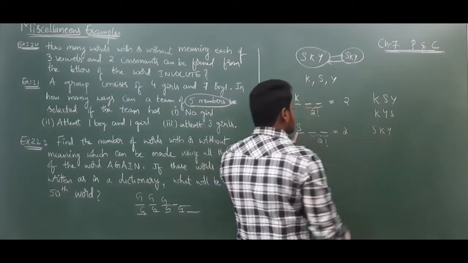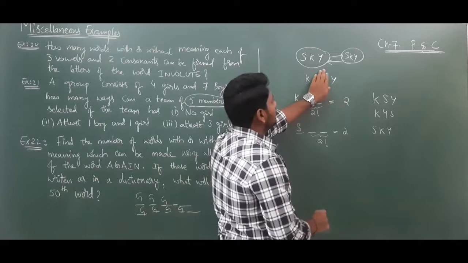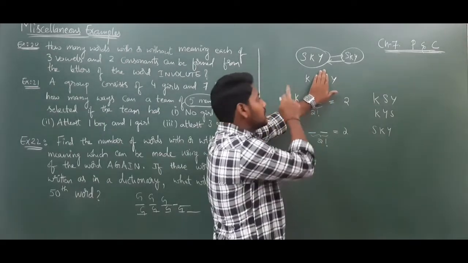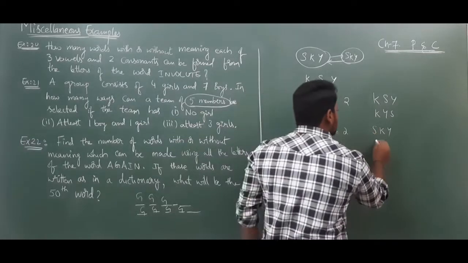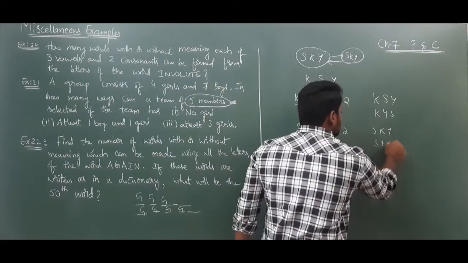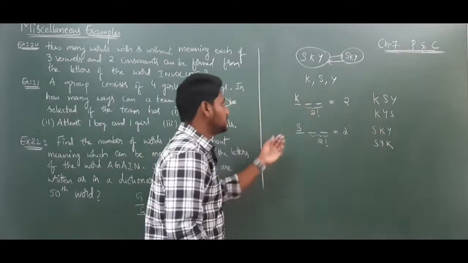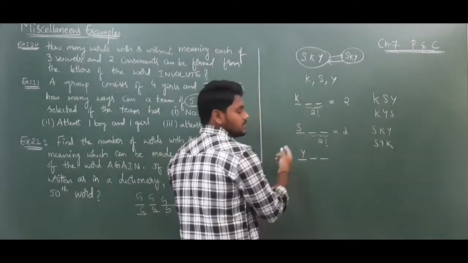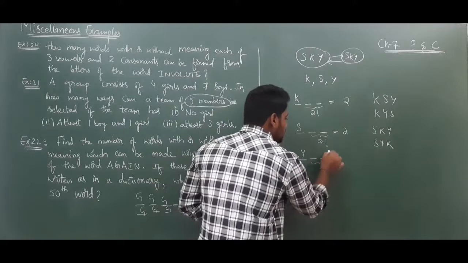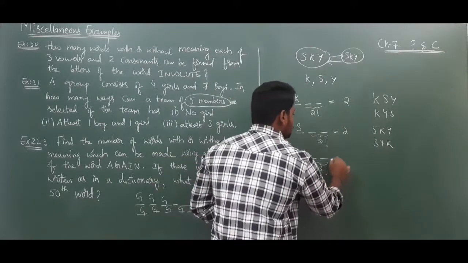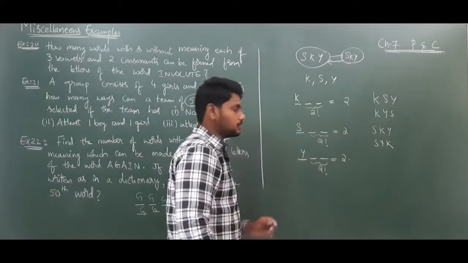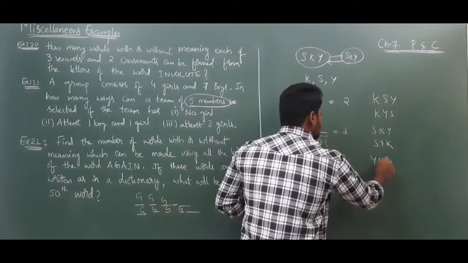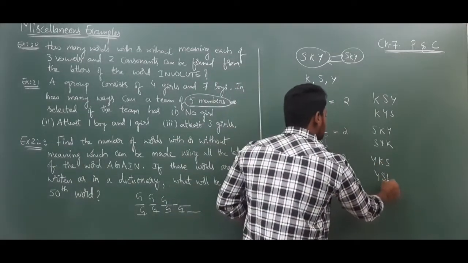SKY, because after S, out of the remaining 2, K comes first in alphabetical order, and then SYK. So with S also over. Next with Y. Y is already fixed, so the next 2 letters can be filled in 2 factorial ways, which is 2. So with Y also you will get 2 words: YKS and YSK.